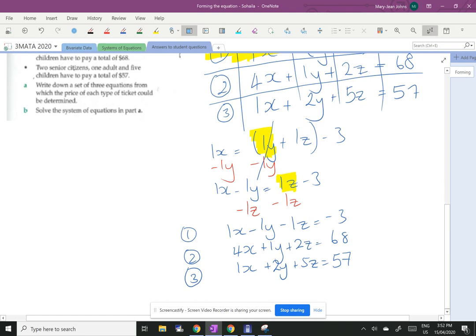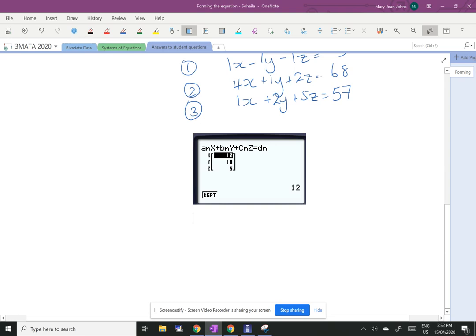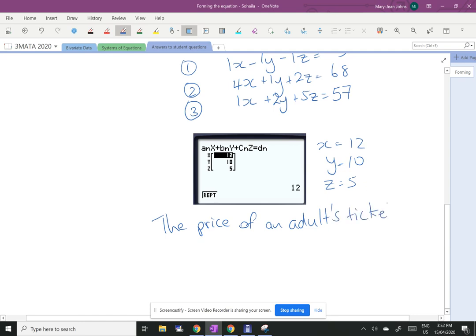Put it onto our page. There we go. Now just write those answers out. I've got x equaling 12, y equaling 10, and z equaling 5, and I want to answer in context. That means the price of an adult's ticket, and I remember my units at this stage, is $12.